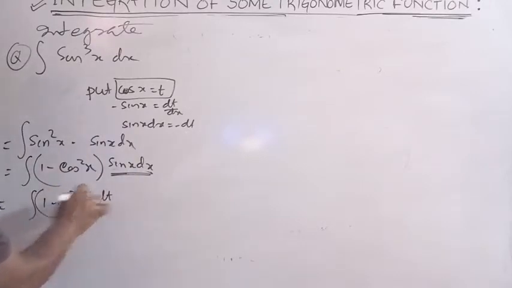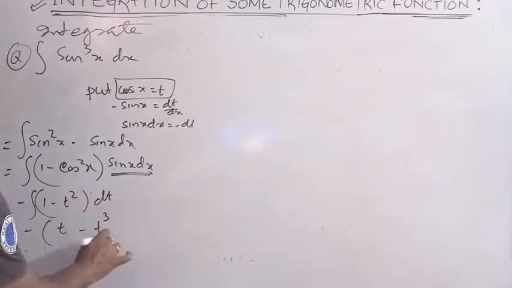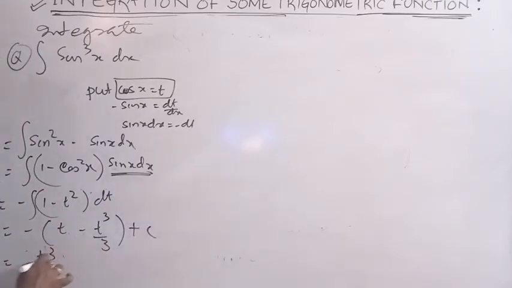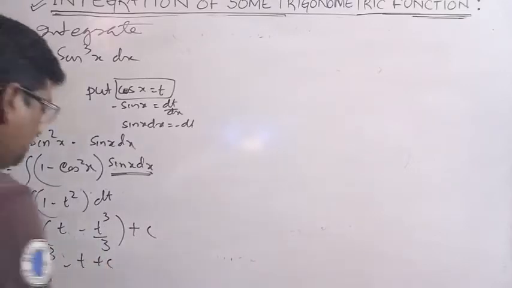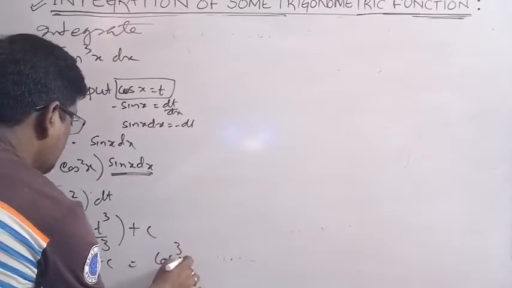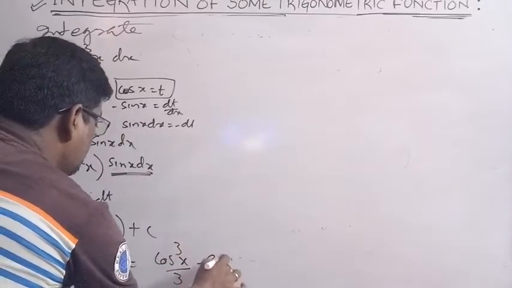Taking minus common, that is integration of t square minus 1 dt, which is t cube by 3 minus t plus c. What is t here? t is equal to cos x. That is cos cube x by 3 minus cos x plus c.